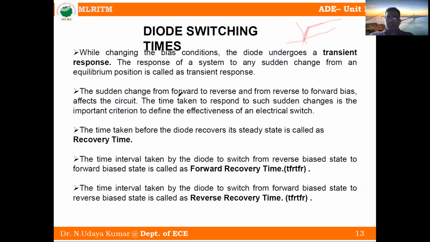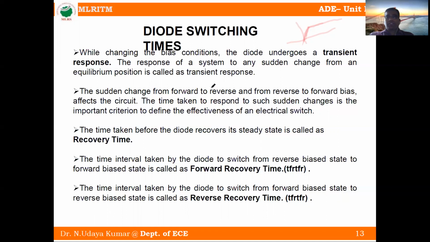The sudden change from forward to reverse and from reverse to forward bias affects the circuit. The time taken to respond to sudden switching changes is an important criterion to define the effectiveness of an electrical switch. We know that a diode is used as a switch.